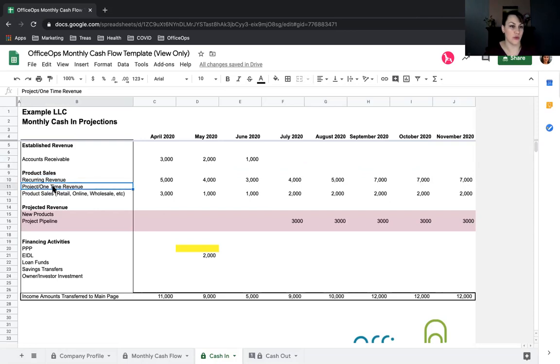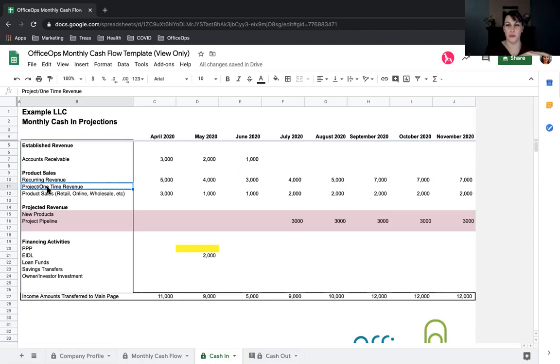Project or one-time revenue is a different type of revenue. I would think of it as project revenue. Let's say that you're a construction company and you are building a building. You may only have 3 projects at one point, but each one is the same type of transaction.